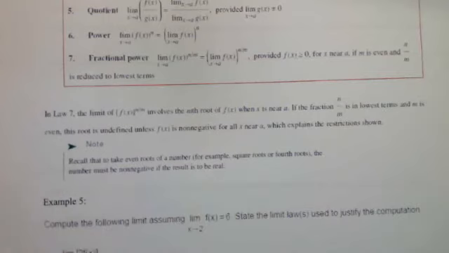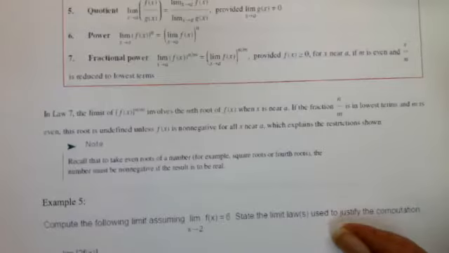Now you have to recall that to take the even roots of a number, for example, the square roots or the fourth roots, the number must be non-negative if we want the result to be real. Because if you try to take the square root or the fourth root of a negative number, you're not going to get a real number from it.